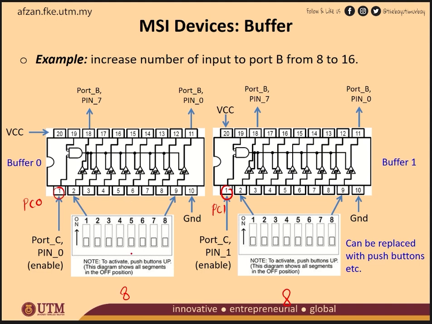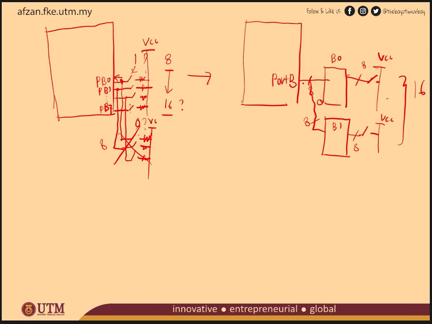This is the input of your buffer, connected to your switches, and the output will go to your microprocessor, to port B, pin 7 to pin 0, and this also goes to port B, pin 7 to pin 0, so they are going to share the same port.